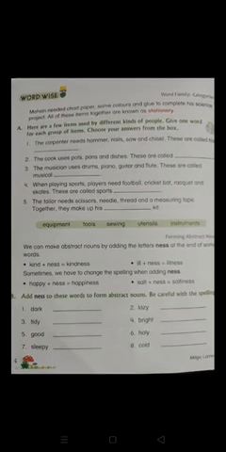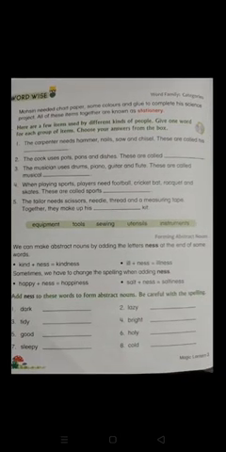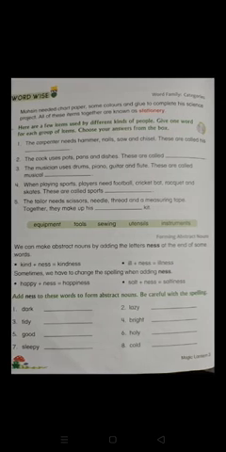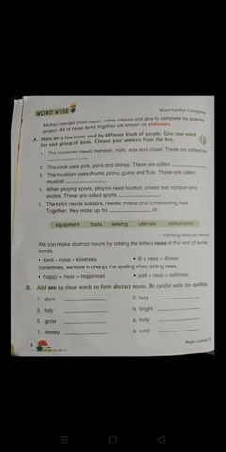Children, next, we can make an abstract noun by adding the letters NESS at the end of some words. For example, kind plus ness equals kindness, ill plus ness equals illness. Sometimes we have to change the spelling when adding ness, like happy plus ness equals happiness.